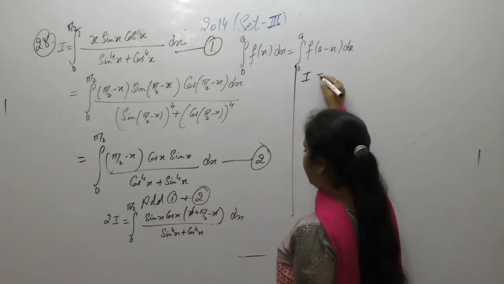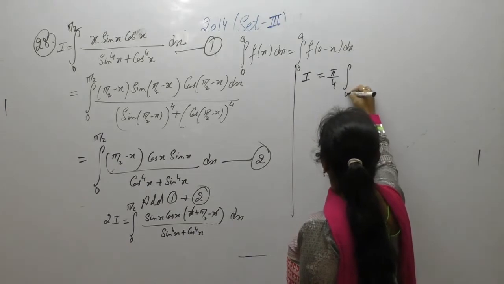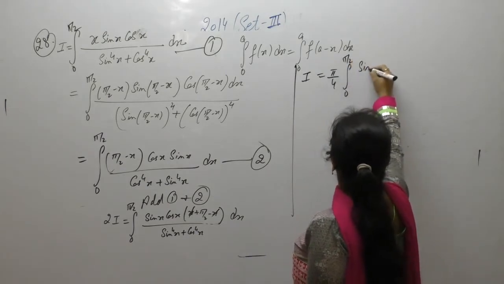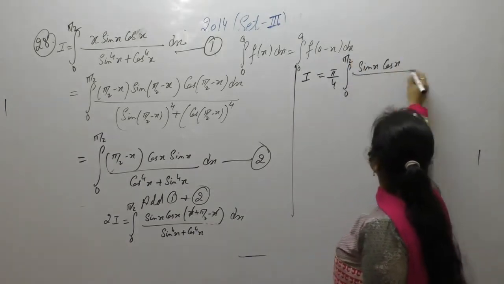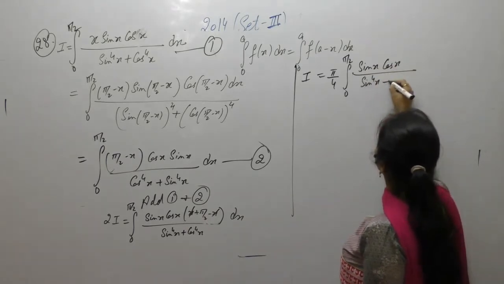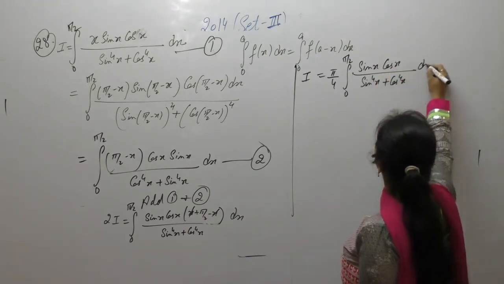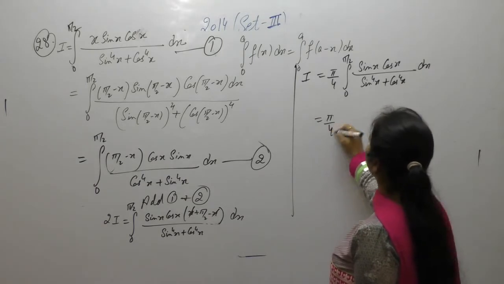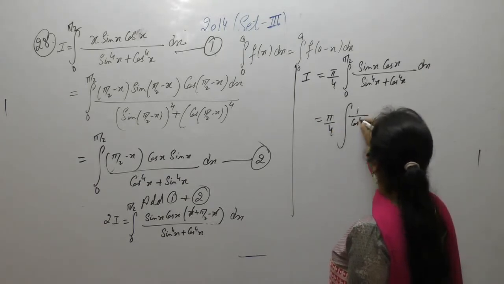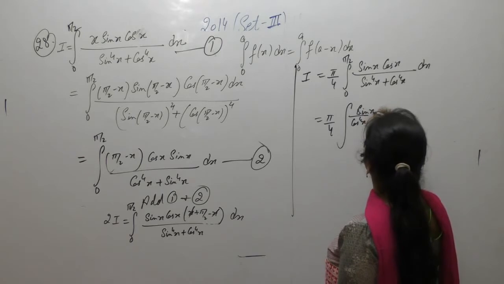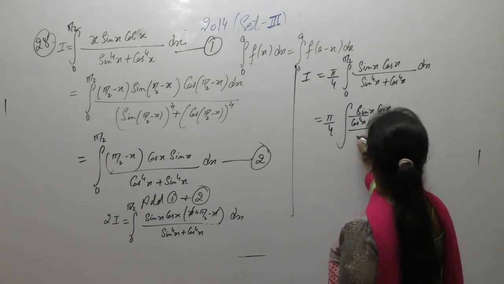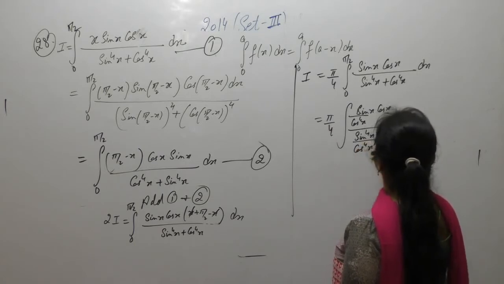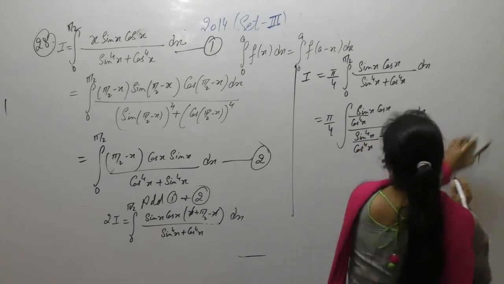So we get I as pi by 4 times the integral from 0 to pi by 2 of sin x cos x upon sin^4 x plus cos^4 x. Now divide the numerator and denominator by cos^4 x: sin x cos x upon cos^4 x upon tan^4 x plus 1, dx.